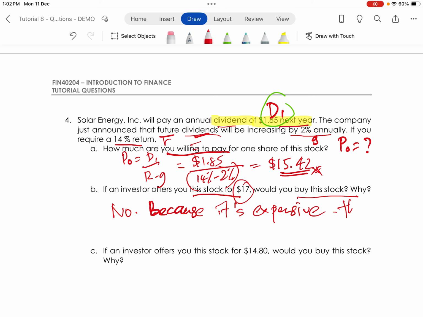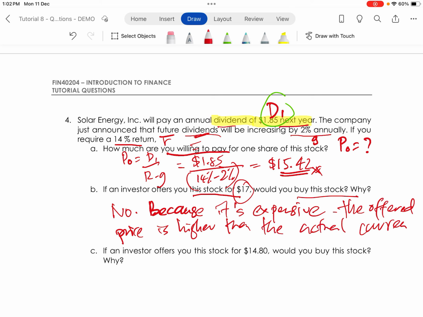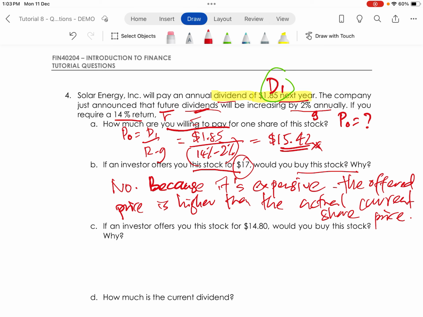The offered price is higher than the actual or current share price. You can write it in your own sentence as long as you understand it.